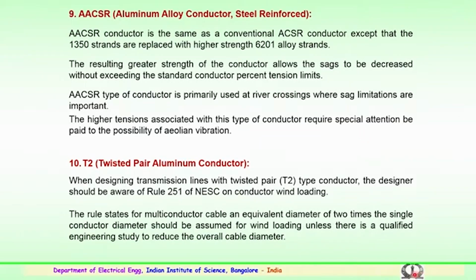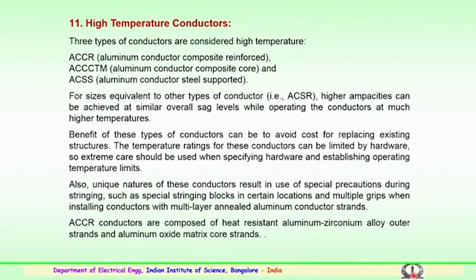So, these are the various types of aluminum conductors which are in existence and are being used by various utilities in the country and elsewhere. Very recently, newer types of conductors have come into existence.